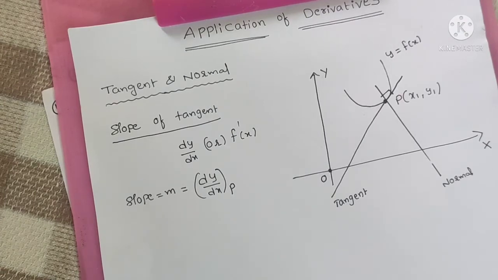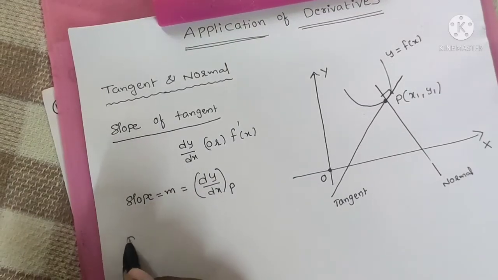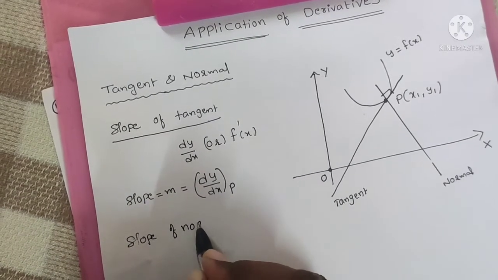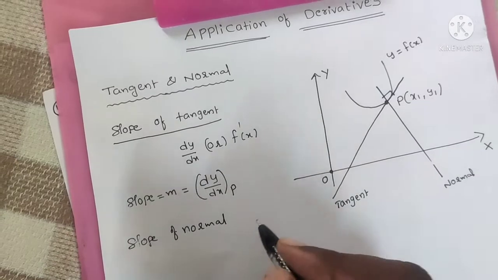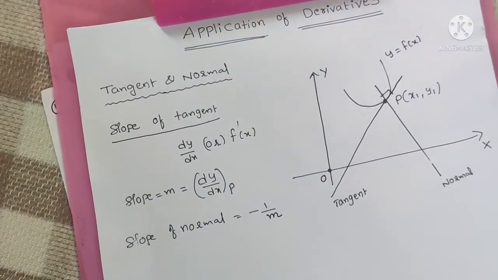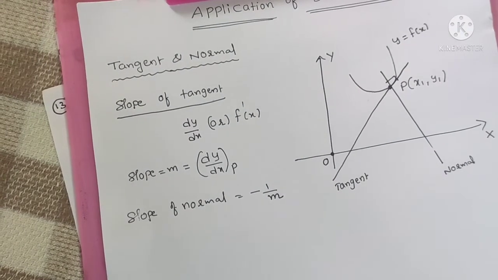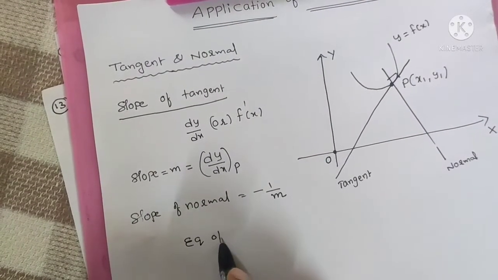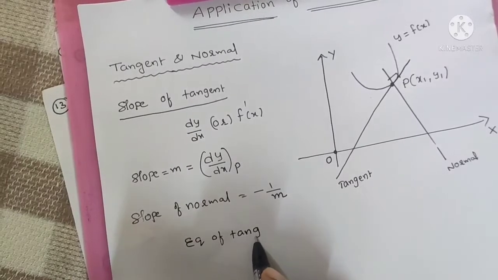Next, what is meant by slope of normal? Directly we can't find slope of normal. If you want slope of normal, first we need to find slope of tangent. Then slope of normal can be taken as minus 1 by m, where m is slope of tangent. Next, what is the formula for equation of tangent at a given point P?